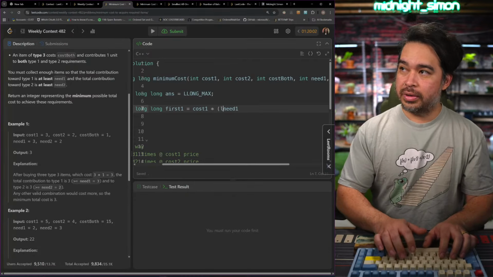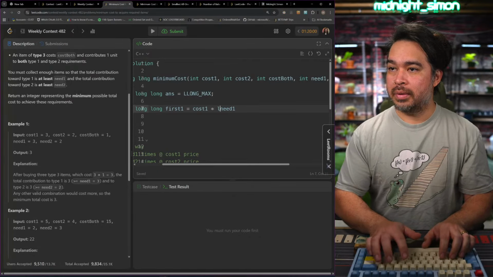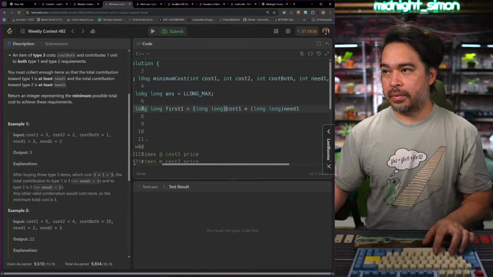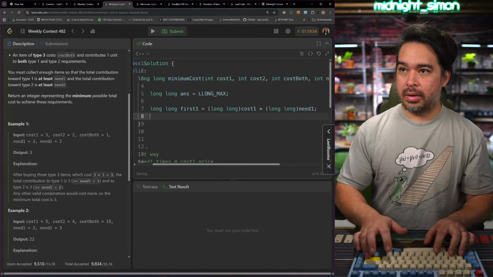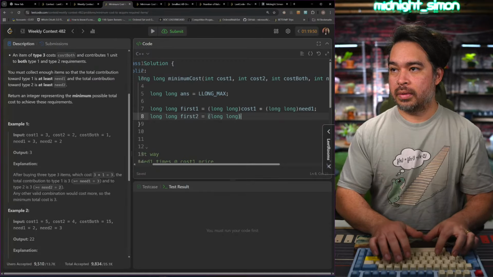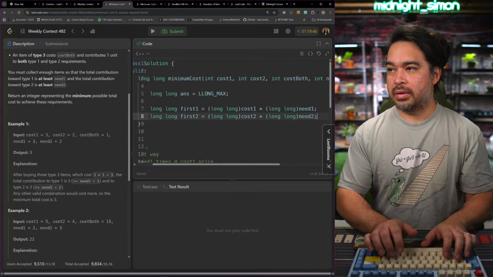I think we should cast that. Cost 2, need 2.